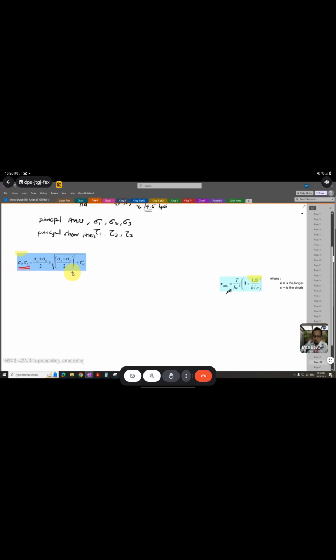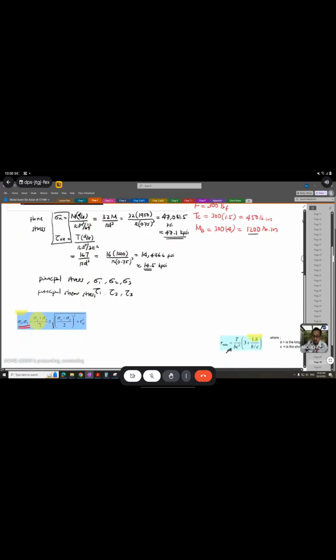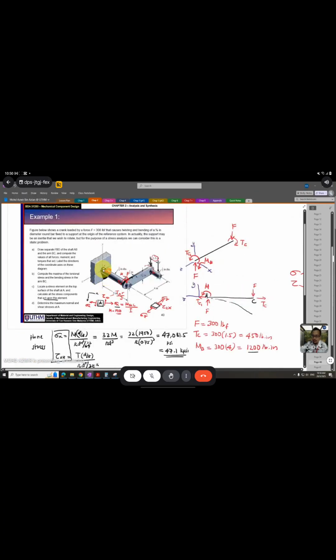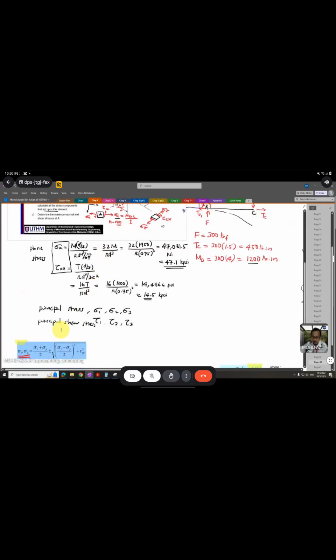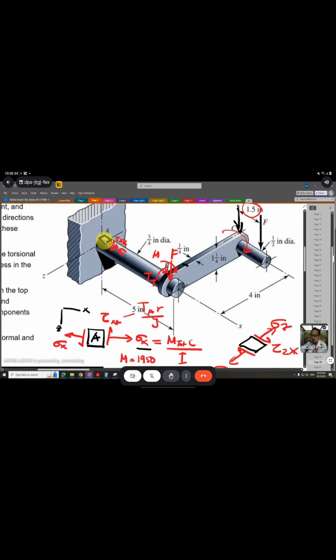Because we want to calculate at point A, you need to use sigma x, sigma y, sigma z at point A. If you look at point A here, we have only sigma x and z because point A is located at the top plane.